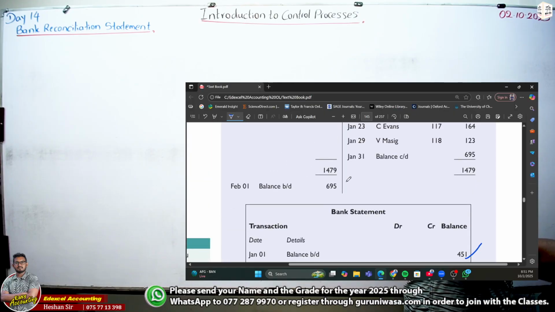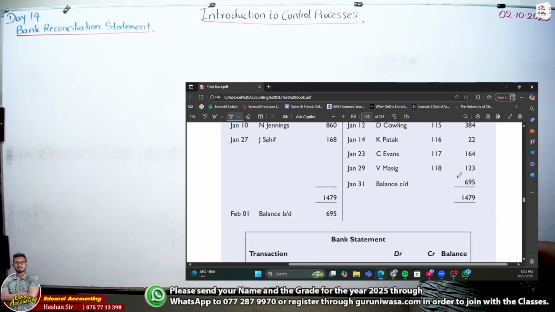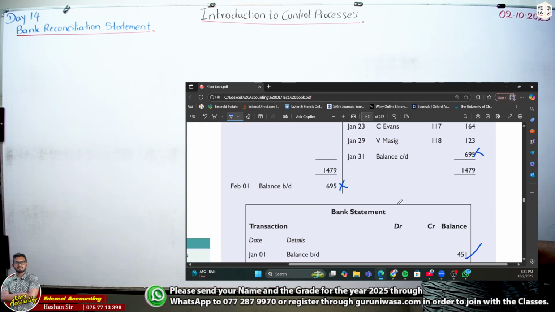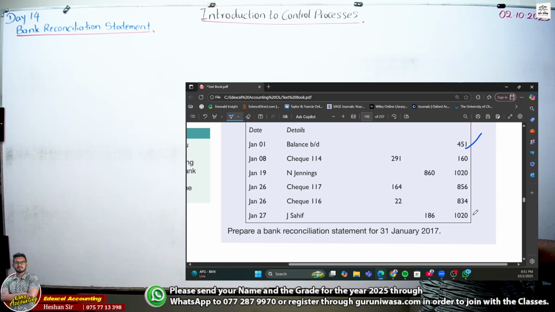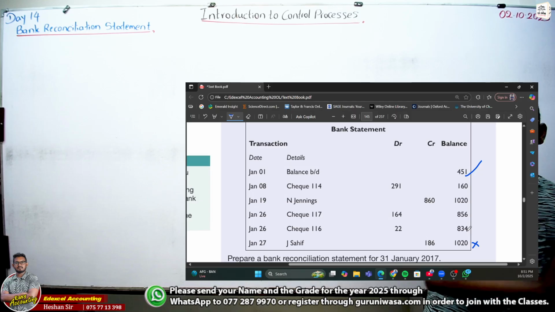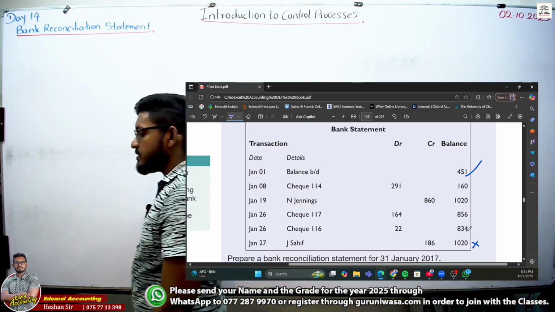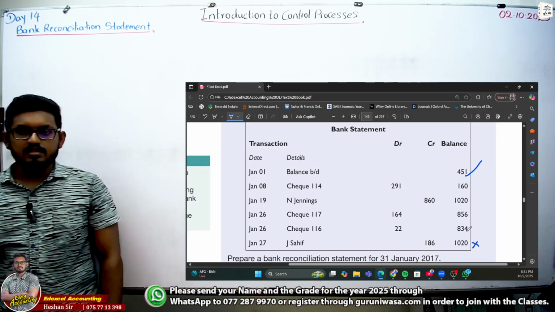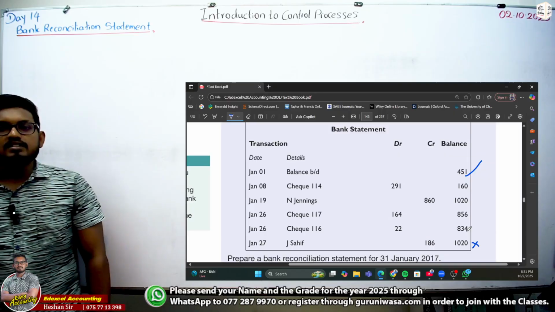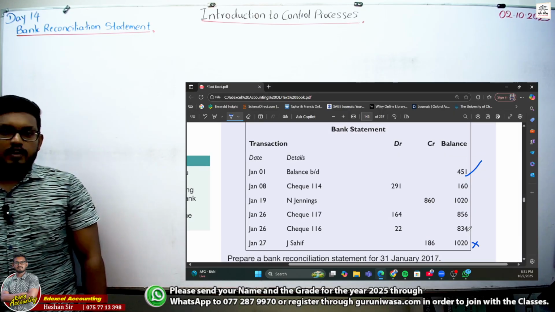Now you can see the closing balances are not the same. In here the closing balance is 450, 659 as a debit balance. In here it is 1020, a credit balance. A debit balance in the bank statement means overdraft, while a debit balance in the bank account means a favorable balance.